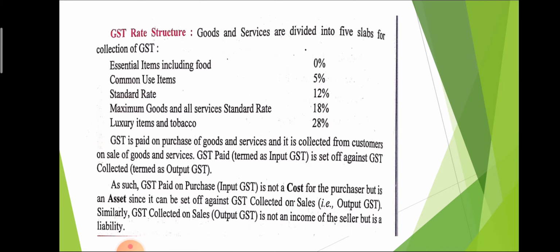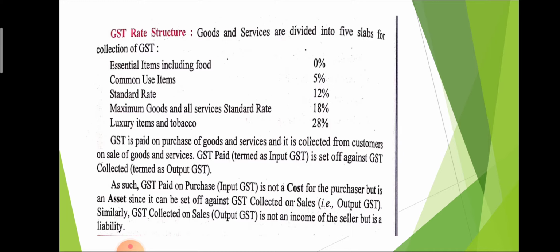GST is further classified into input GST and output GST. At the time of payment we calculate input CGST, or at the time of collection we calculate output SGST or output CGST.